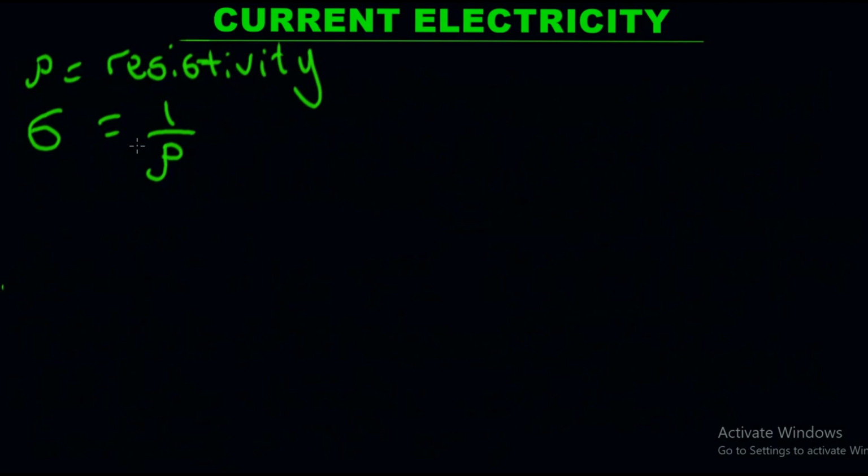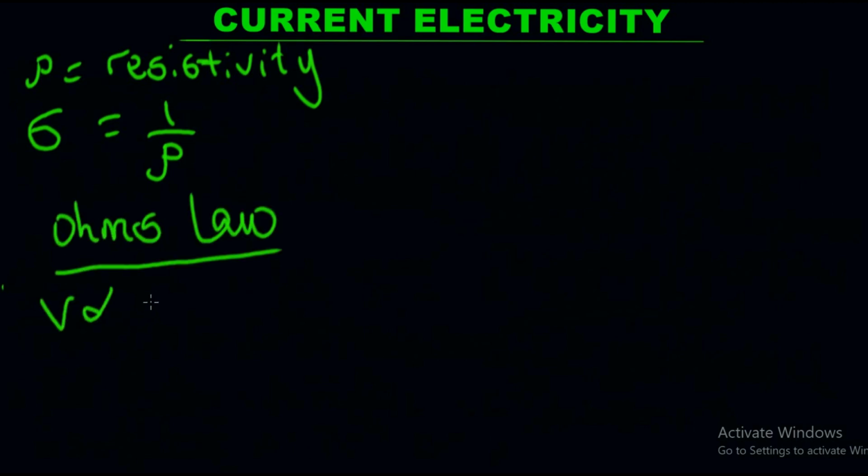Ohm's law states that the potential difference V across a metallic conductor is directly proportional to the current I flowing through it, provided that temperature and other physical conditions like the length and area of the conductor remain constant. So under Ohm's law, V is directly proportional to I.